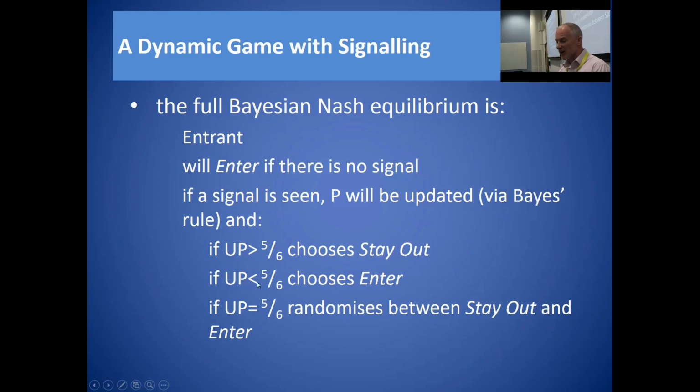If that updated value of P is less than 5 over 6, it will choose to enter, because it will believe that the monopolist is more likely to be weak and will acquiesce to market entry. And then lastly, if the updated value of P exactly equals 5 over 6, the entrant will randomise between staying out and entering the market.